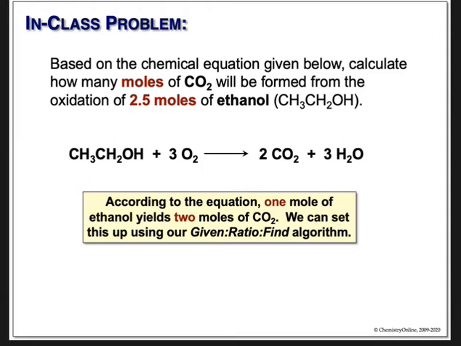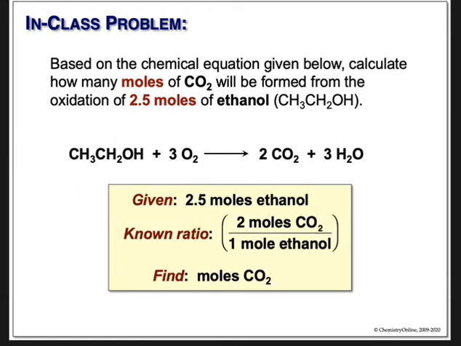When you do a problem like this, what you want to do is to look to see what the question and answer are, the products or reactants that are linked. CO2 and ethanol, these guys. We'll start off by making a ratio based on the stoichiometry. We are given that we have 2.5 moles of ethanol, that's right here.